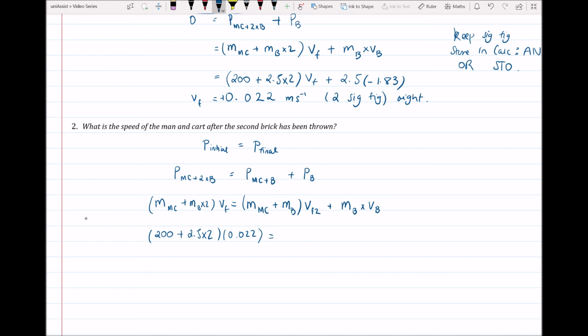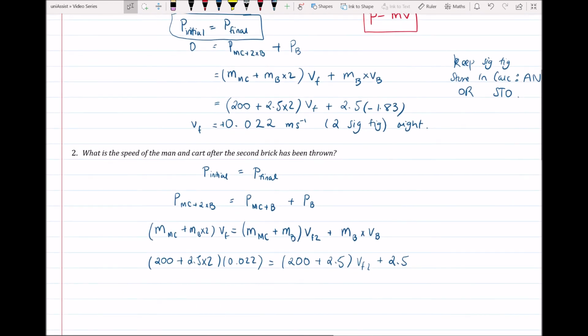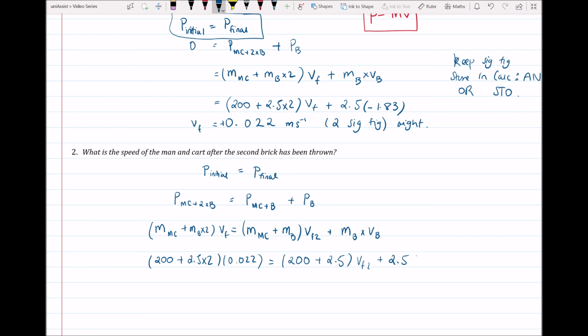That equals the man plus cart system plus 1 brick, so 2.5, multiplied by VF2 plus your brick, multiplied by your VB. However, just as a reminder, our VB is a negative number, so multiplied by negative 1.8.